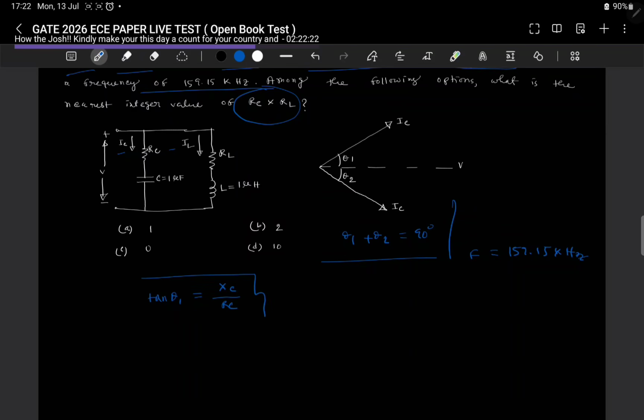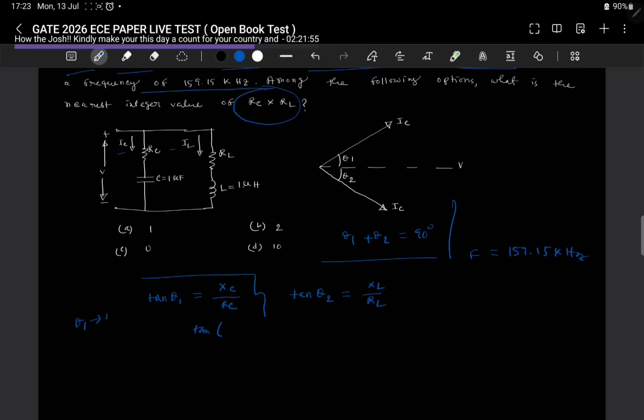Okay, these are the formulas. Later if you want I can discuss how this is happening, but as of now just know this.